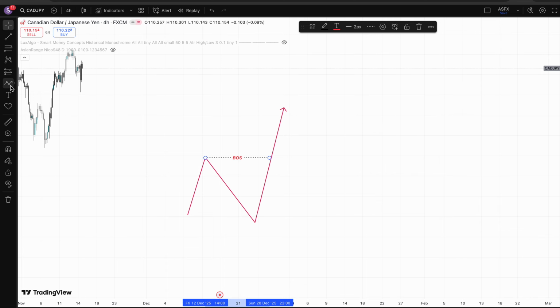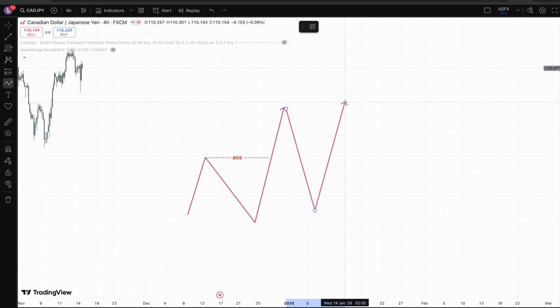So whenever there's a break of structure when the market is bullish to the upside, you expect the market to retrace back down and then continue the bullish movement. But oftentimes that's not what happens. The market won't just come down easily like this before going back up.